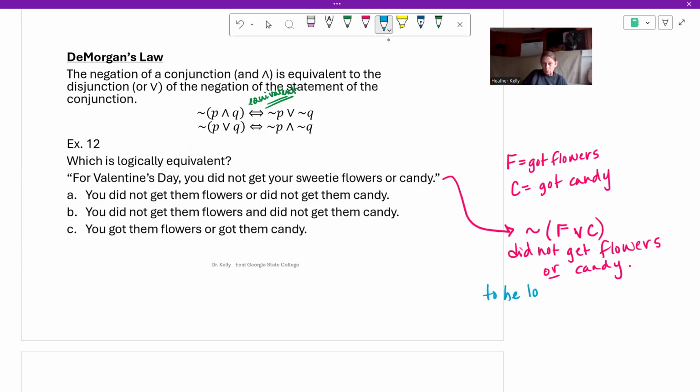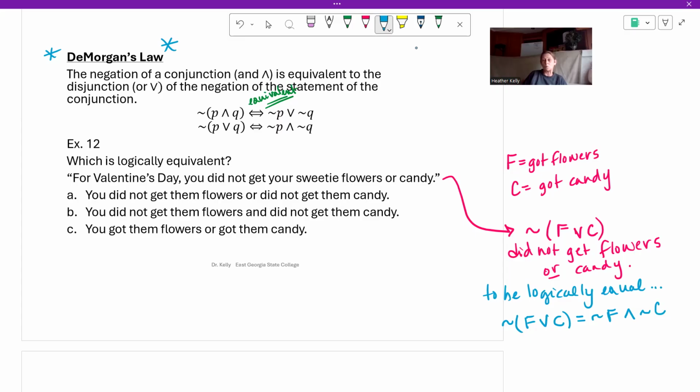To be logically equal by De Morgan's law, which is what we just figured out, not (F or C) would have to be not F and not C. Because you flip it over and you change it from an or to an and. So we went from an or to an and, and both things are negated.